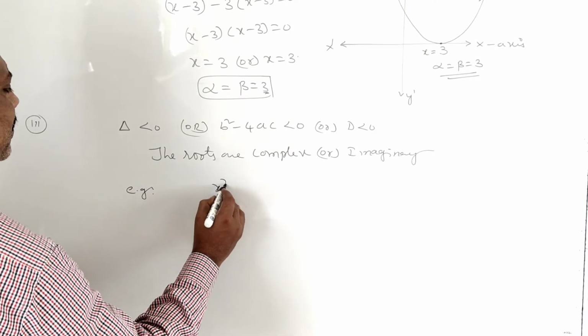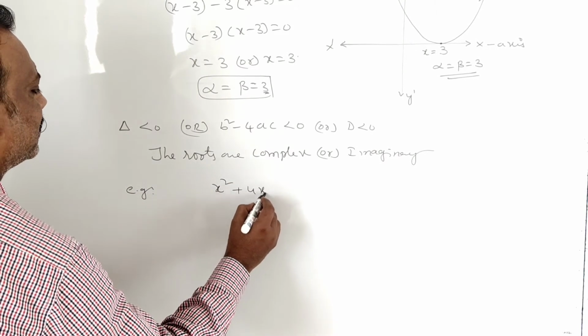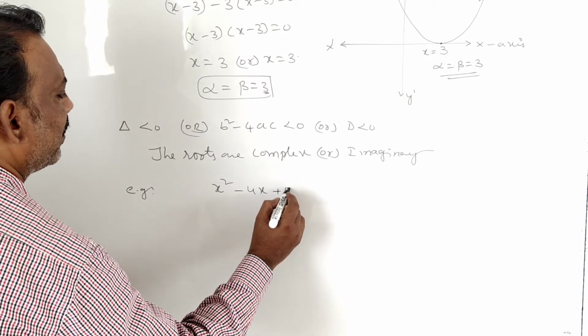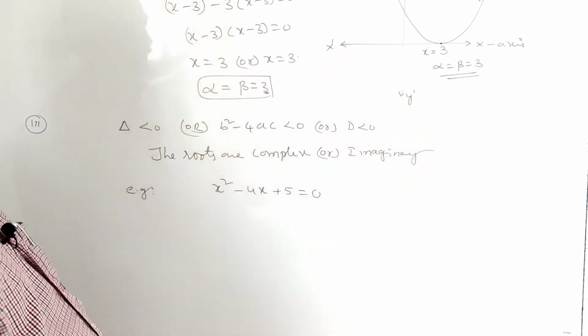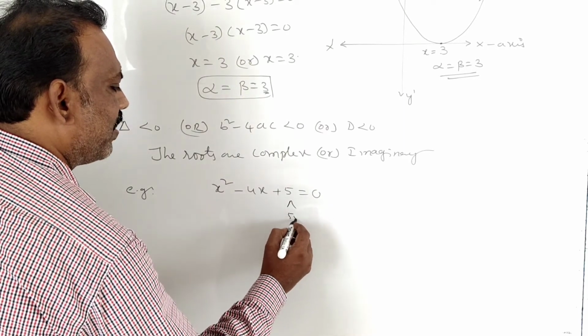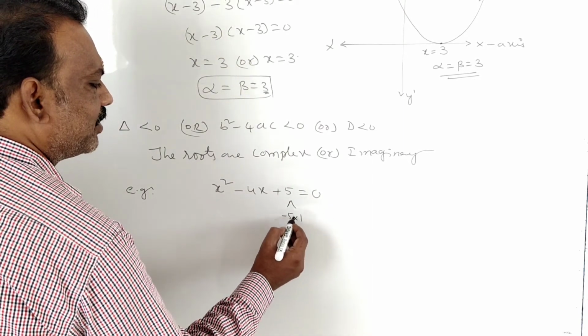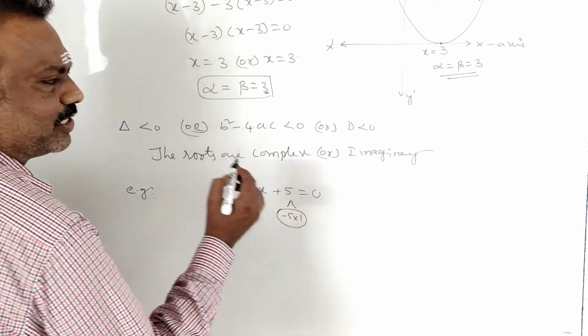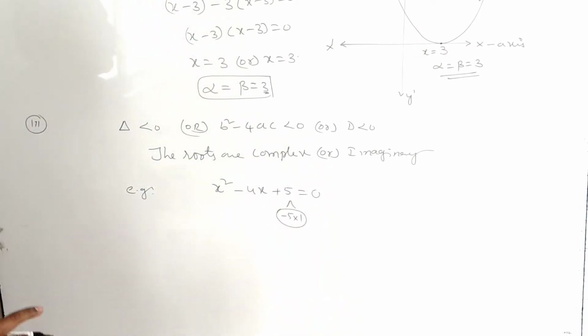x square minus 4x plus 5 is equal to 0. Now, for this equation, you don't have real roots. Why? Because if you take 5 into 1, minus 5 plus 1 is minus 4, but multiplying, you won't get plus 5 here. So, factorization is not possible for that.